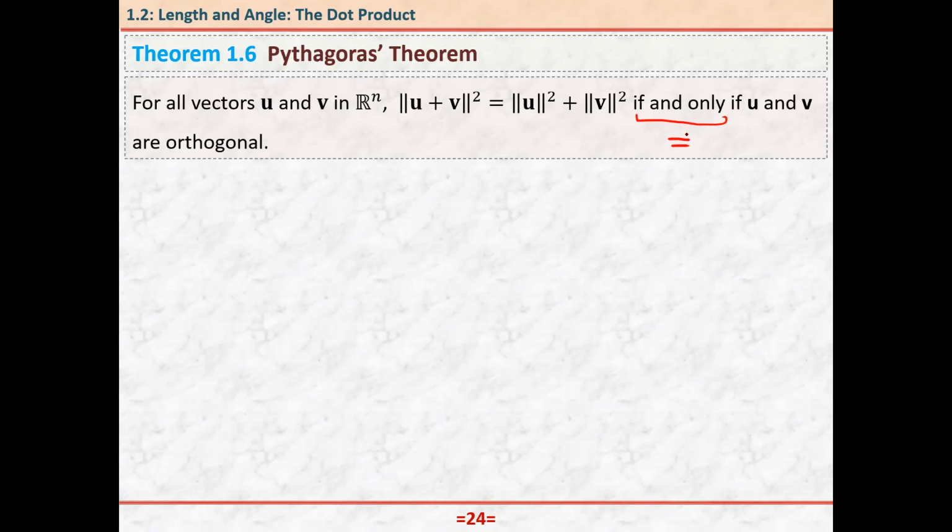The symbolic representation is this. In short form, if and only if is written as IFF, pronounced as if and only if.